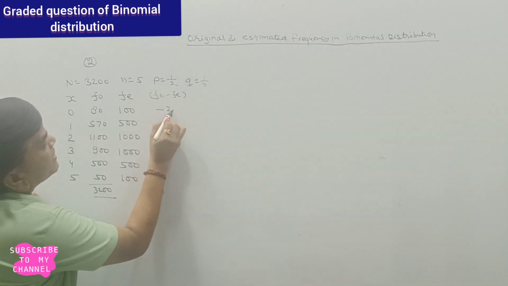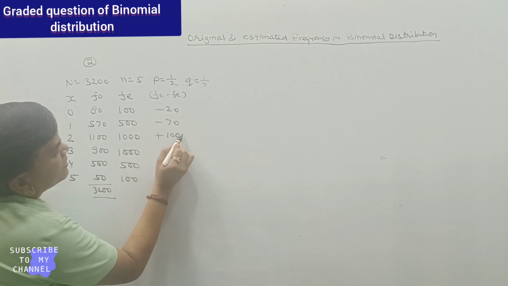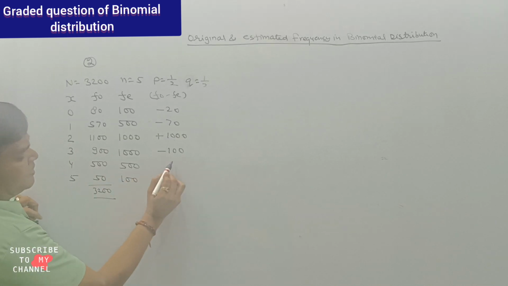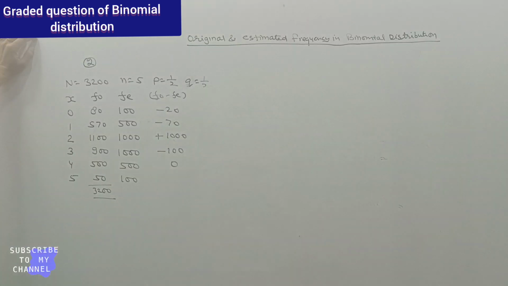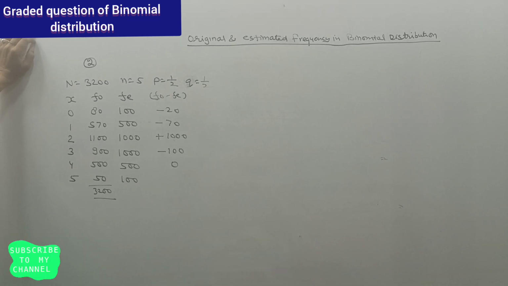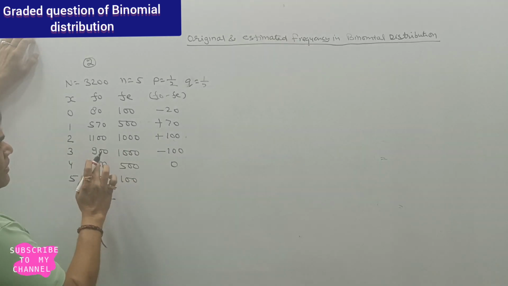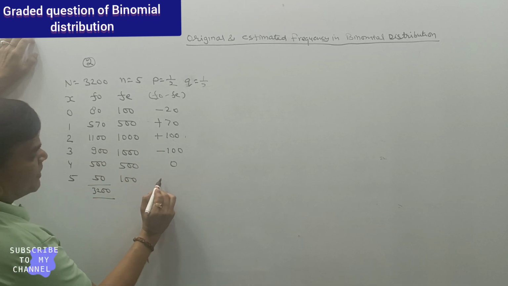So we have minus 20, plus 70, plus 100, minus 100, 0, and minus 50.